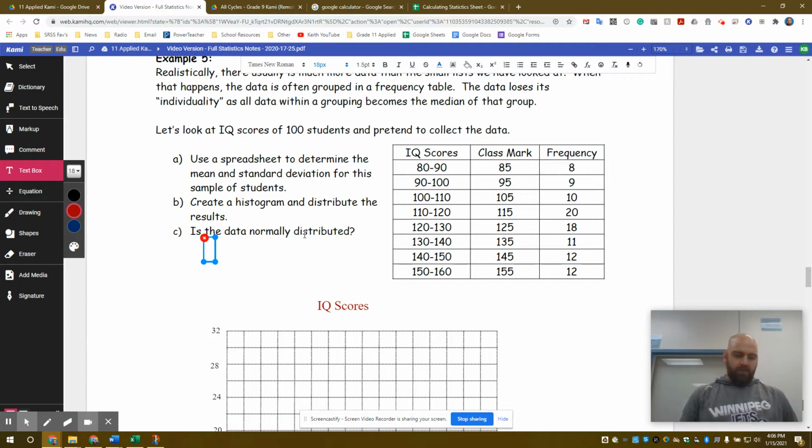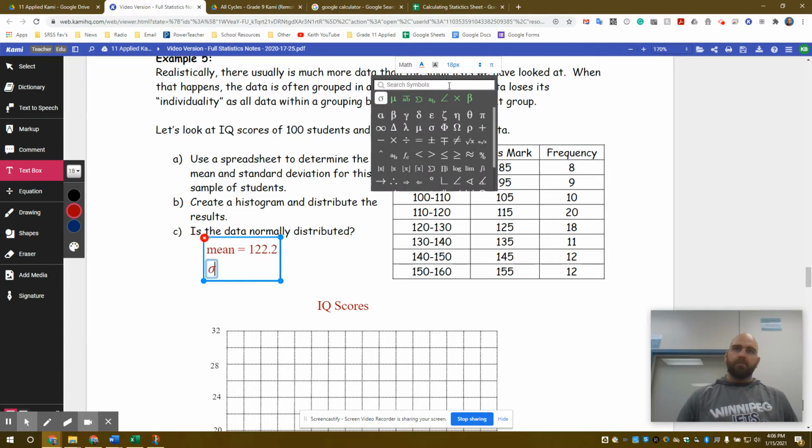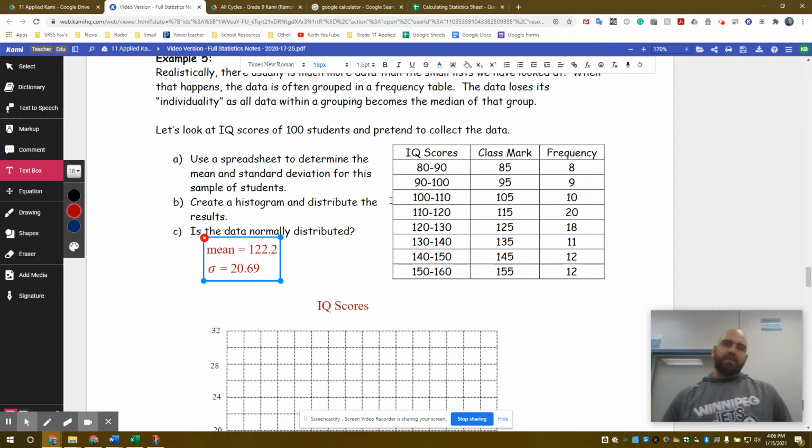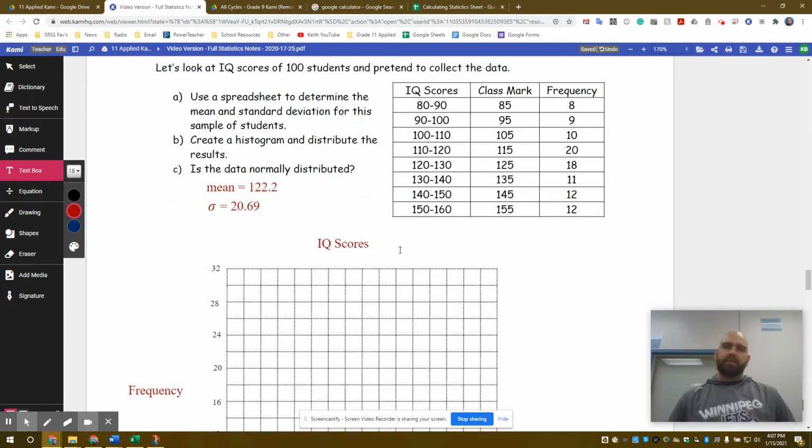Our mean, which I've calculated ahead of time, is 122.2, and our standard deviation is 20.69. It's nice to have these, so we know where we stand on certain aspects.